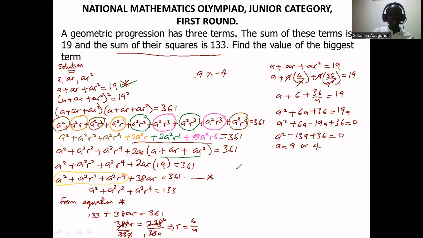All right, now let's take a look at the three terms that we have from the question. Don't forget, the question is talking about the geometric progression with three terms. If we have A to be 9, that means when A is equal to 9, let's try and get the value of common ratio.